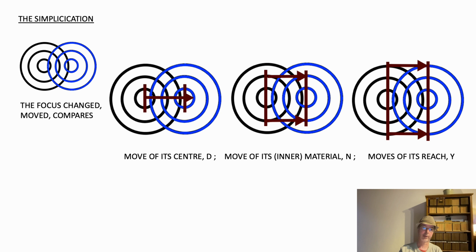And here are the simple explanations. The D is a move of its center towards a different point that doesn't match the complete environment, or is a move of the inner material with the N, which also doesn't fit automatically in balance with what we have before, and the move of its reach with the Y, of its whole reach or its limits, also not immediately fitting.